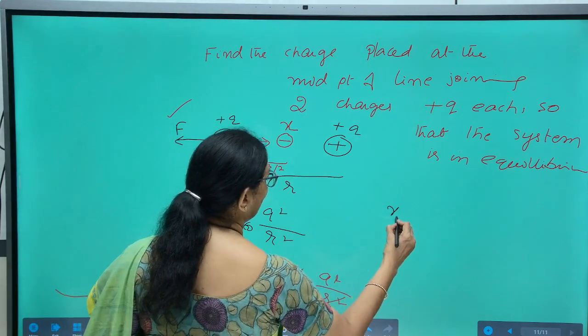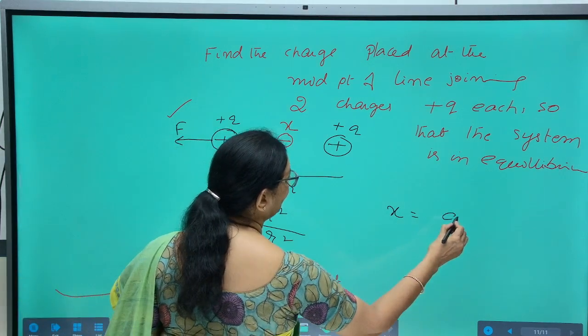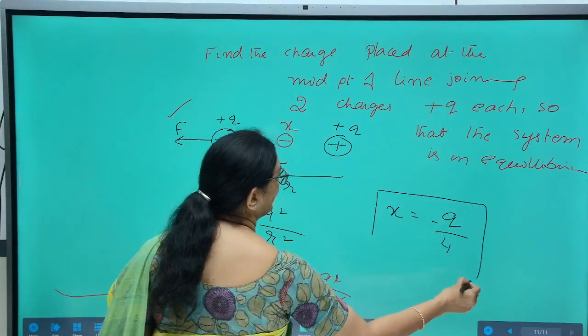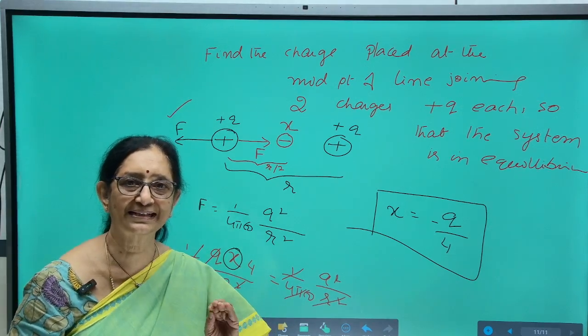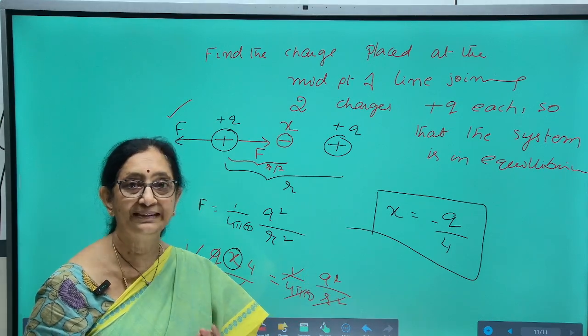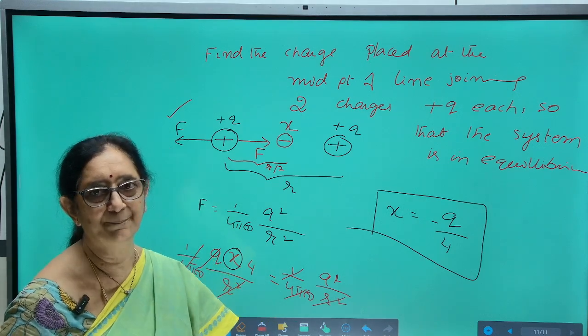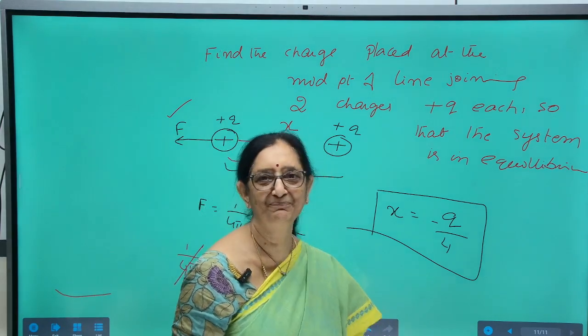From that, x is equal to q by 4. From this, it has to be negative. So, the charge placed at the midpoint of two identical charges plus q each is minus q by 4. Then the entire system will be in equilibrium. So, I will stop here for today. Thank you and bye-bye. Thank you.